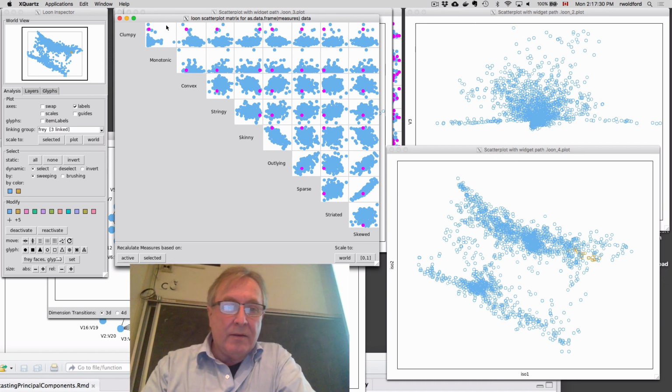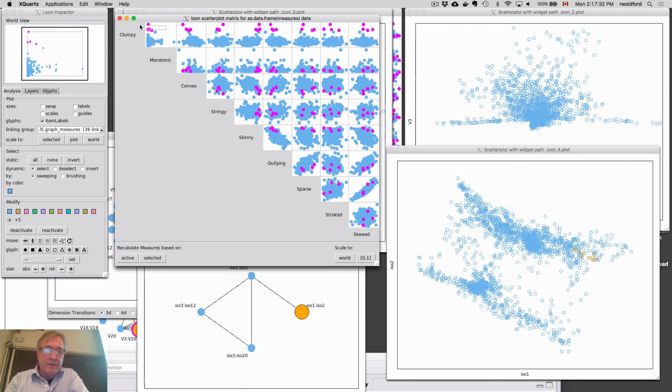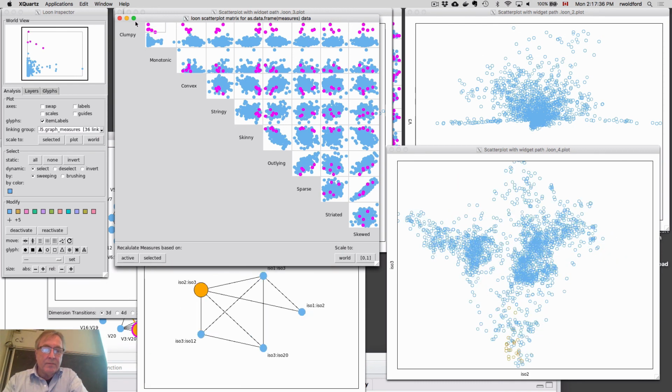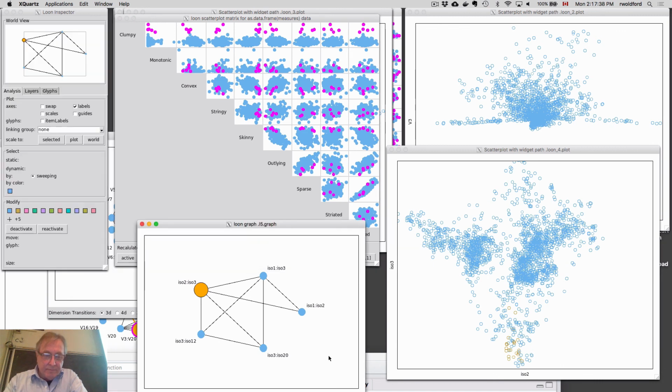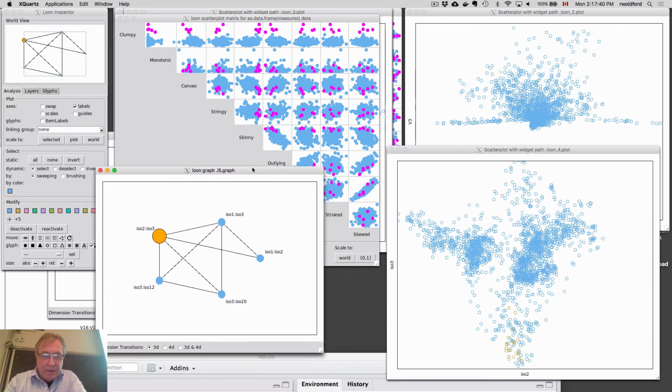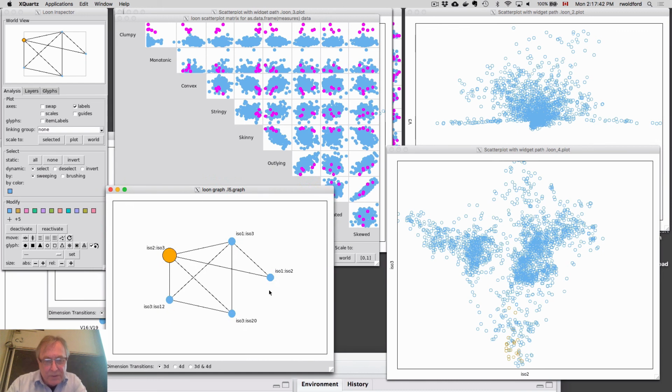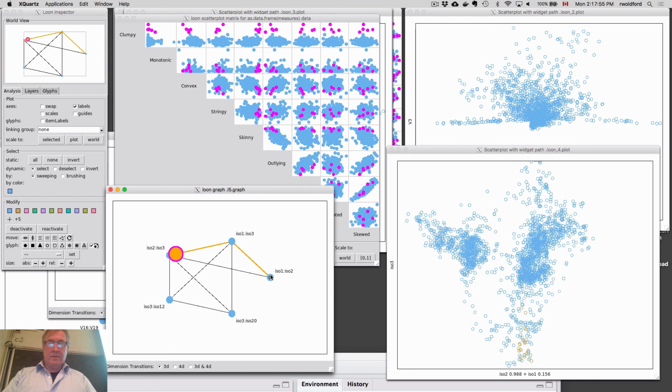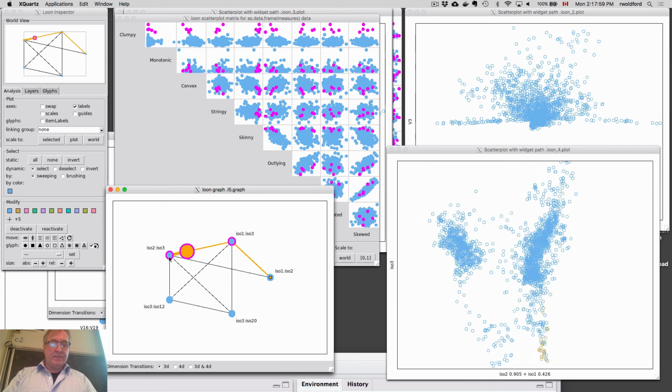So again, looking at clumpy guys. Let's see if we can get more of them. You're not necessarily always picking off the first two principal components. They're the first two, first and third, second and third, third and 12th, third and 20th. I need to get that guy off there so I can select him.